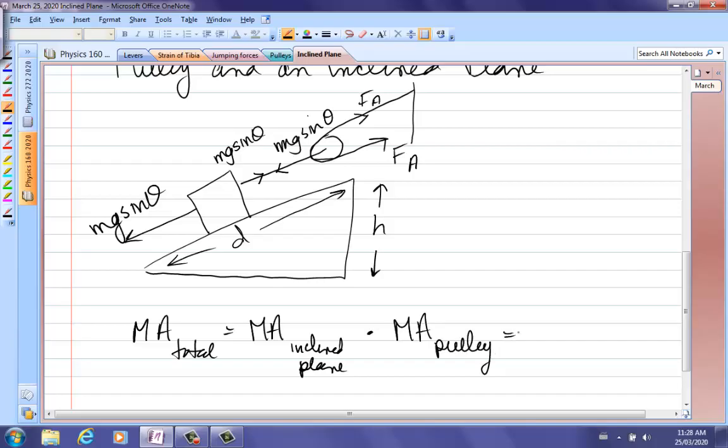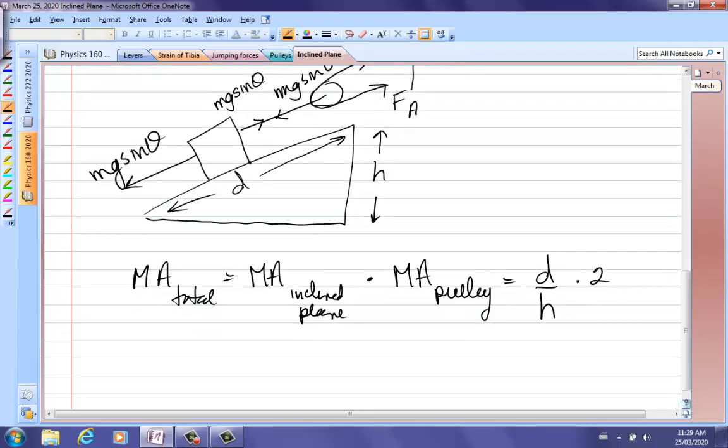So the mechanical advantage of the inclined plane is d over h, and the mechanical advantage of that pulley would be 2, because we have 2 ropes. So 2. Okay, and so that's how you would get the total mechanical advantage of that pulley with the mass. Doesn't even matter what the mass is. That's simply your mechanical advantage.